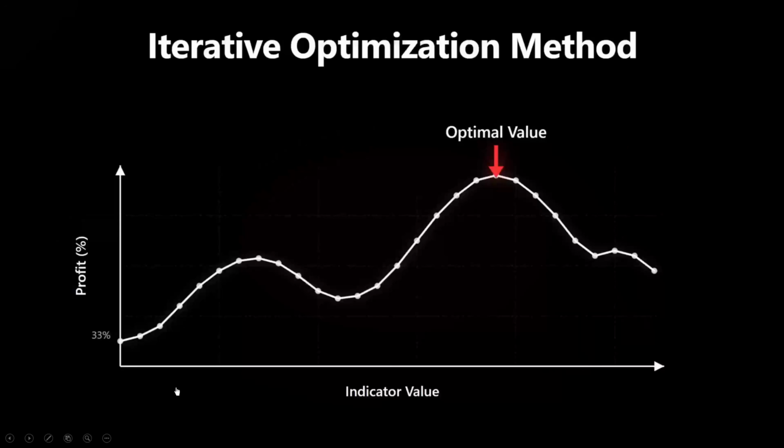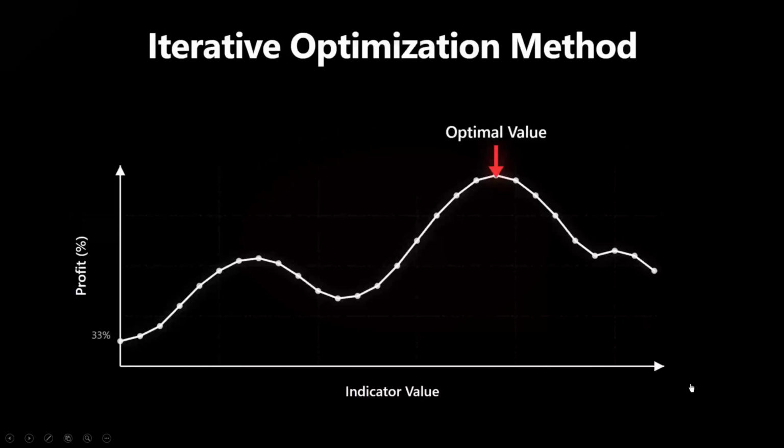On the x-axis we have indicator values. For example, for moving average period, it's going to be from 0 until 200 or even more, the entire range which we select when we try to optimize that parameter for the indicator.